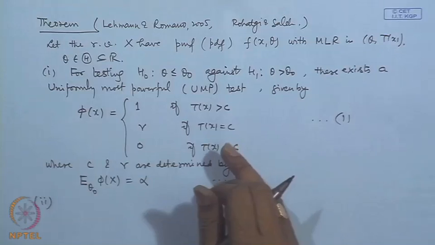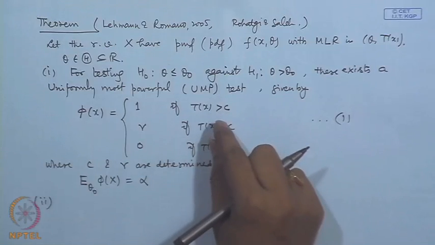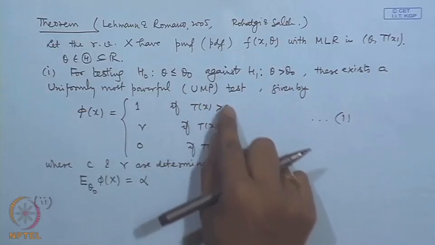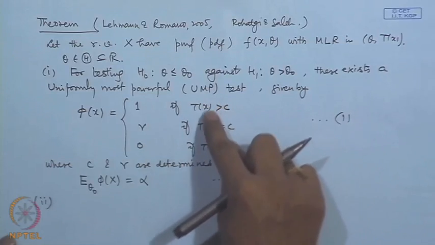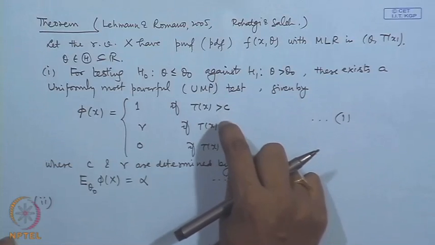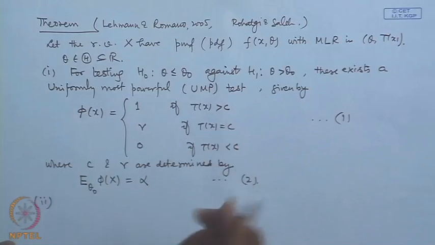Note here the similarity with the Neyman Pearson lemma. In the Neyman Pearson lemma, we had written f 1 by f naught greater than k. Now, if f 1 by f naught is an increasing function of T x, then that region is transformed to T x greater than c. So, as I mentioned, it is a direct extension of the Neyman Pearson fundamental lemma only, the result is coming from there.